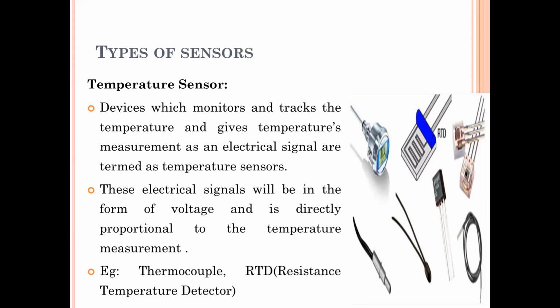You can look at the diagram here; these are some of the temperature sensors. The electrical signal will be in the form of a voltage, directly proportional to the temperature measurement. Examples are the RTD, resistance temperature detector, and the thermocouple.